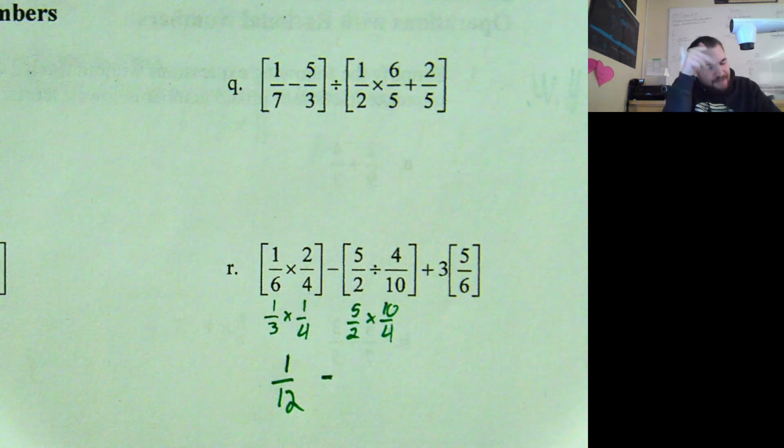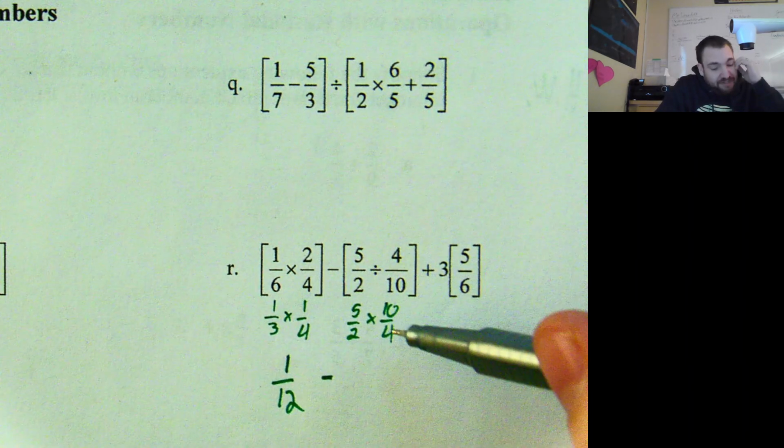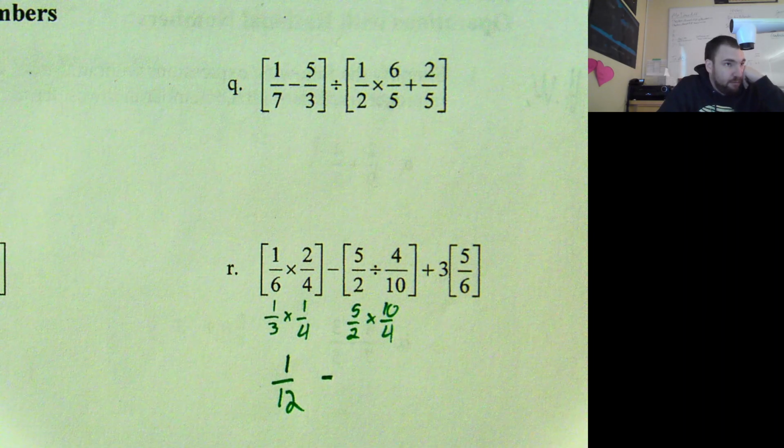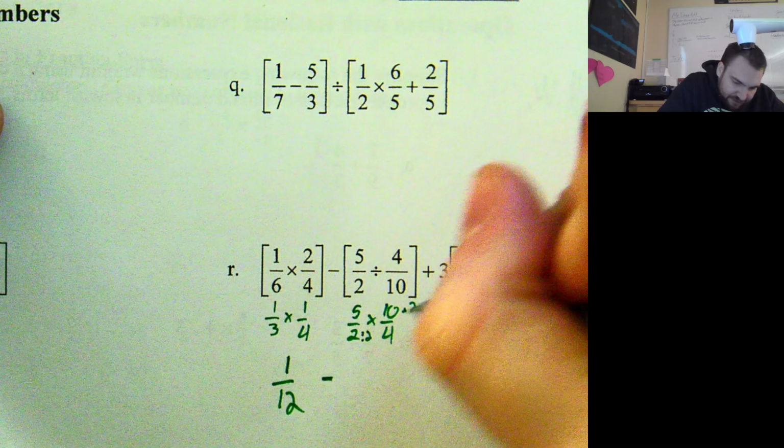Now, at this point, you can cross simplify. Before we couldn't. You have to wait until you've got multiplication before you cross anything. So now I've got 5/2 times 10/4. Is that cross simplifiable, or should I just go for it? Cross simplify. So if I'm going to cross simplify, what am I going to do? 2 and 10 are both divisible by? Okay, so that's going to be divided by 2, divided by 2. So that's going to become a 2.